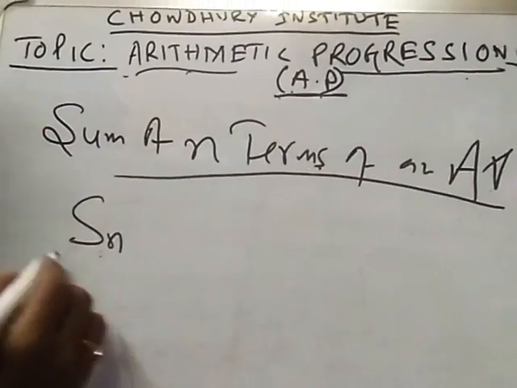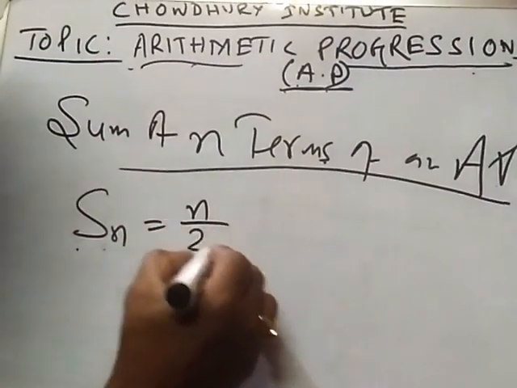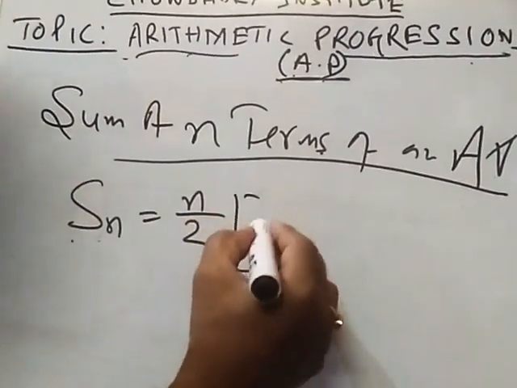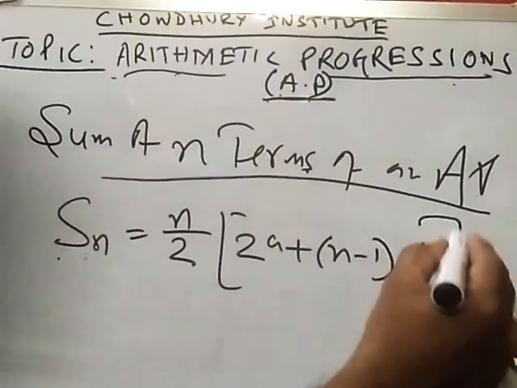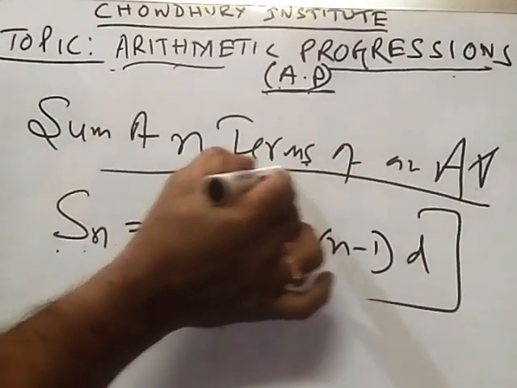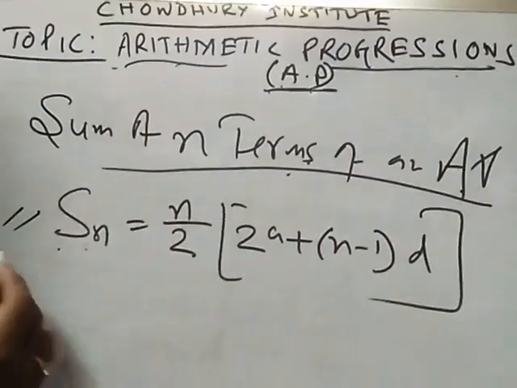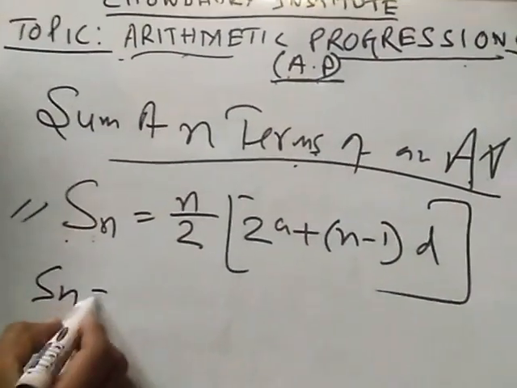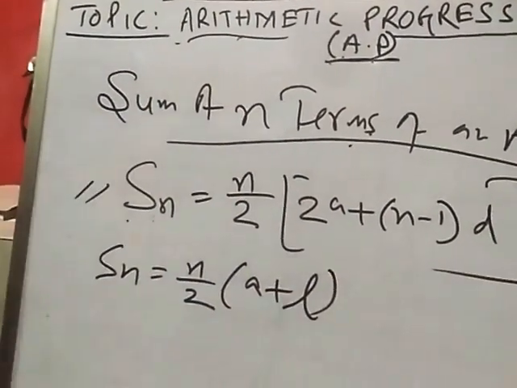Sn, S denoting sum, equals n by 2 into (2a plus (n minus 1) into d). This is the sum of n terms of an AP. Another formula we have: Sn equals n by 2 into (a plus l).